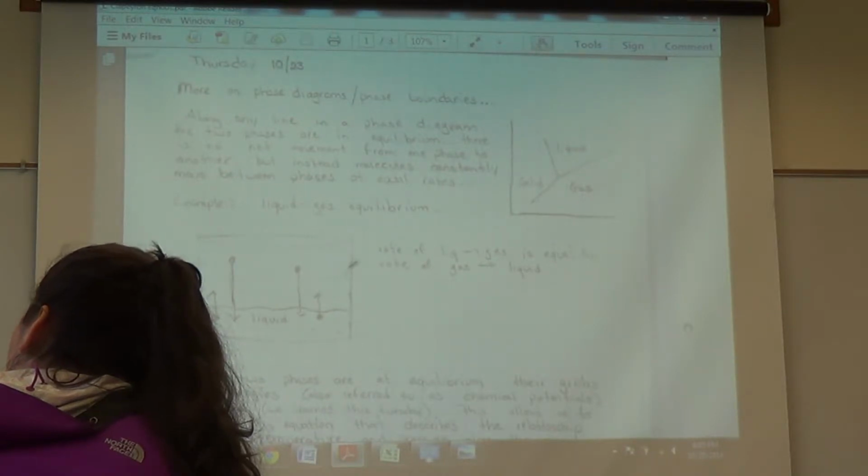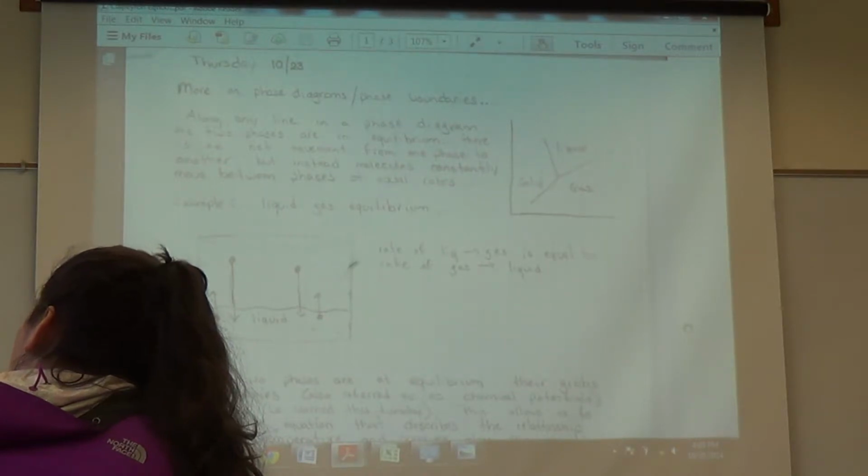That might happen. The other thing that might happen is that maybe you didn't have enough liquid down here. Maybe you only had a little bit of liquid, and you pulled that piston out, and all the gas molecules started to try to enter the new volume to reestablish the pressure they had before, but you ran out of fluid. And now all of your stuff is in the gas phase.